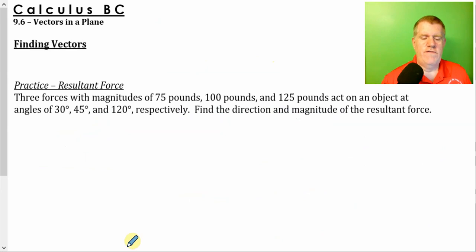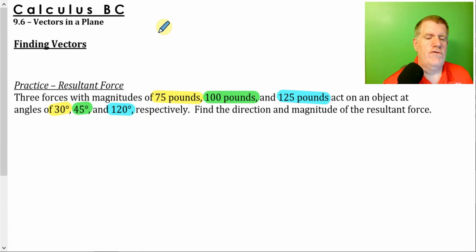We have 3 forces. We have a magnitude of 75 pounds, which is going to be applied at 30 degrees, 100 pounds at 45 degrees, and 125 pounds acting at 120 degrees. So it's going to be a very, very rough sketch, just to get an idea of what we're looking at.